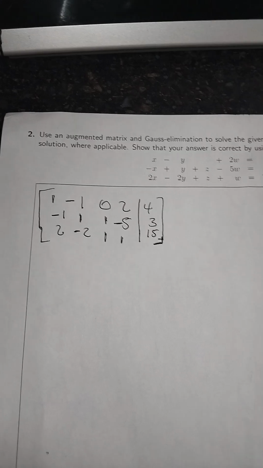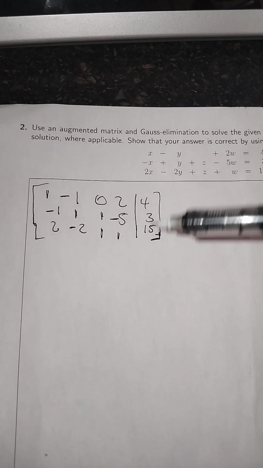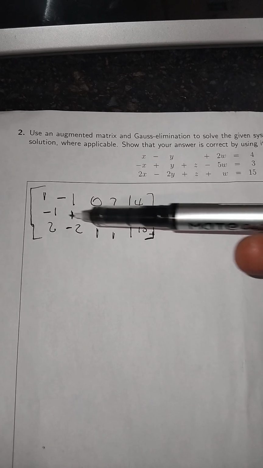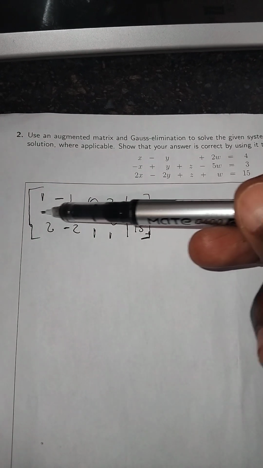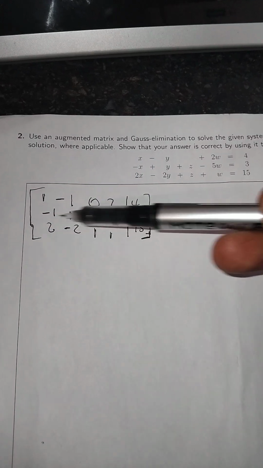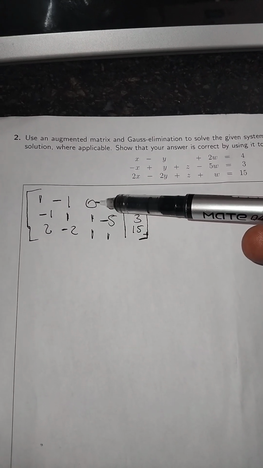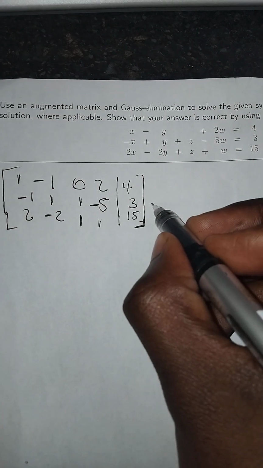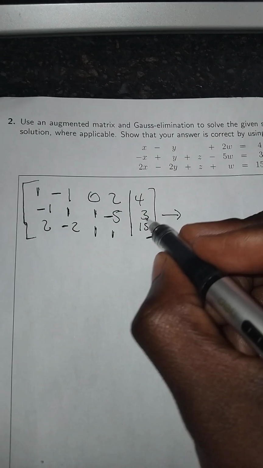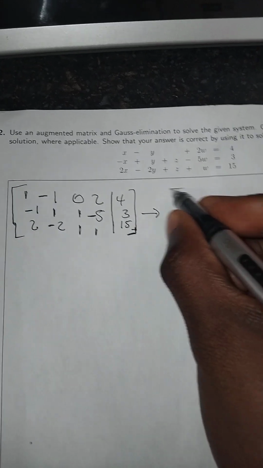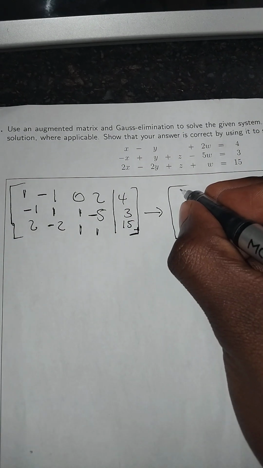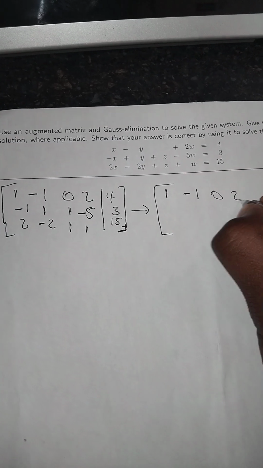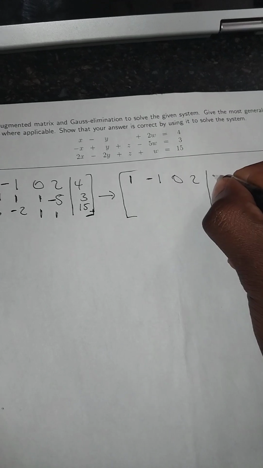The first thing I would like to do is interchange these two rows, since I realize this one contains many ones, so I'm going to get zeros quicker that way. So I'm going to exchange row 2 and row 3. Row 1 will remain like that: 1, minus 1, 0, 2, 4.